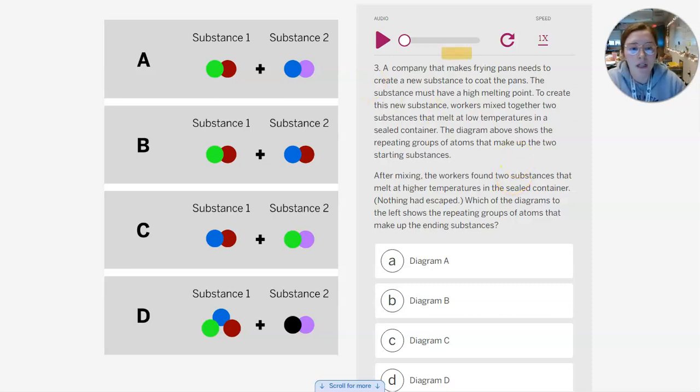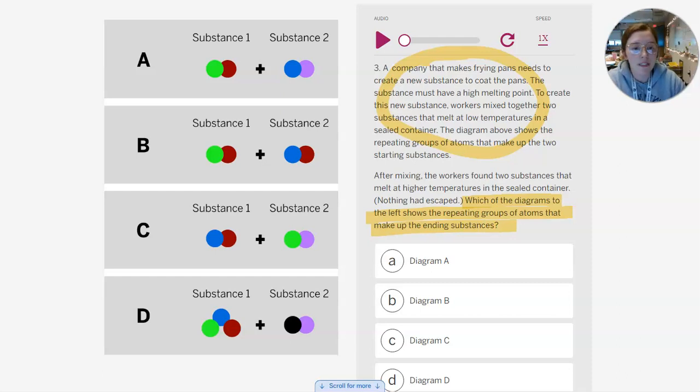All of these words up here, that most of you probably immediately got annoyed trying to read, is just giving the storyline behind the science question. Down here is really what we care about. Which of the diagrams to the left shows the repeating groups of atoms that make up the ending substance?